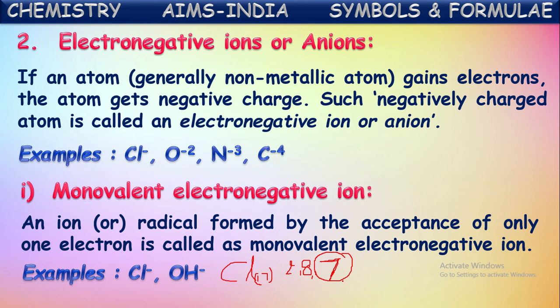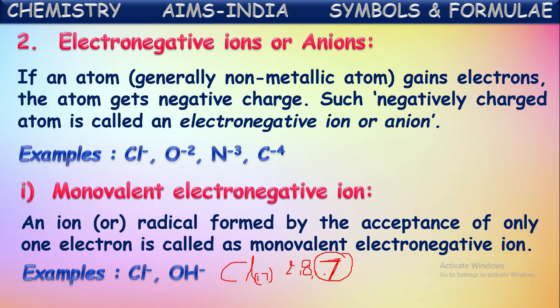It also has two chances now. One is gaining one more electron so that it becomes an octet. The other chance is losing these 7 electrons and hence it becomes stable with the 2, 8 configuration. Which will be easy between these two? Gaining of only one electron or loss of 7 electrons?